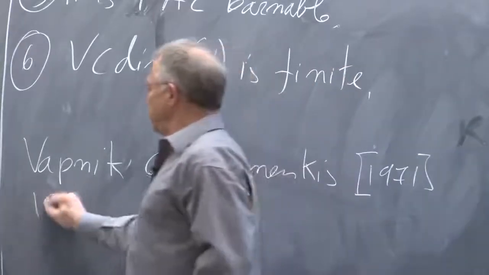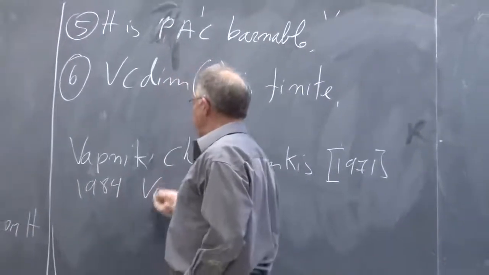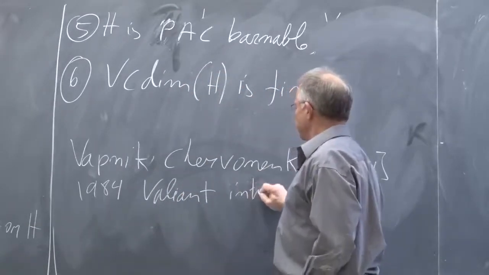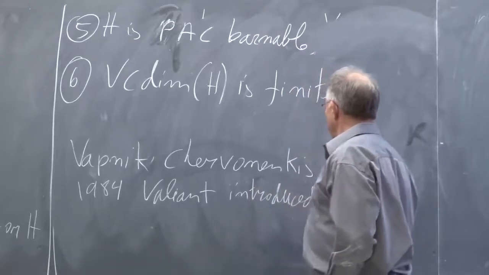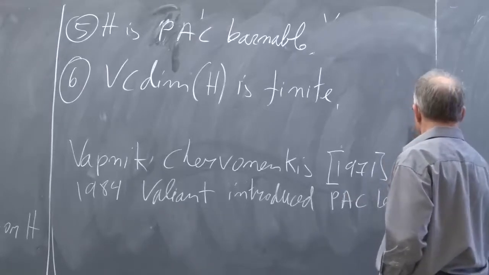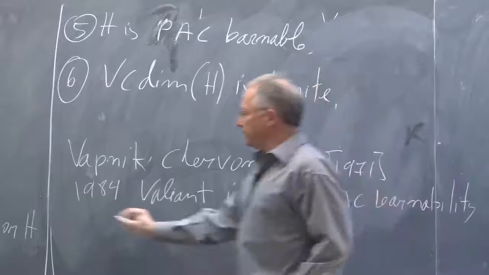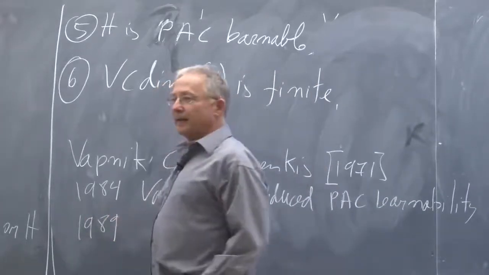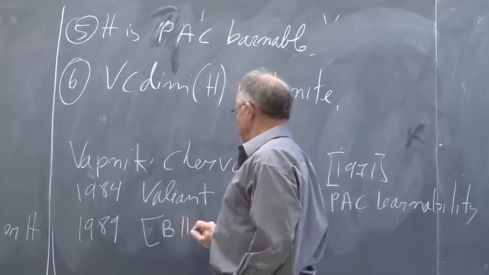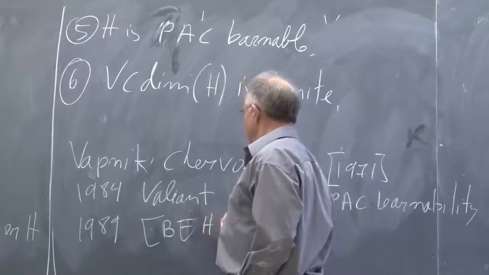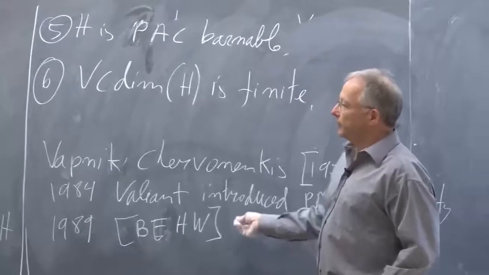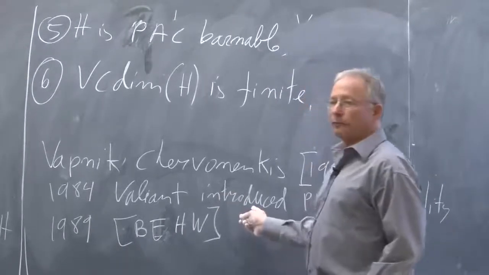Then, in 1984, Les Valiant introduced the notions of PAC learnability. And in 1989, another group of authors, which I will not write all of their names, B-E-H-W, showed this theorem again in the context of PAC learning.